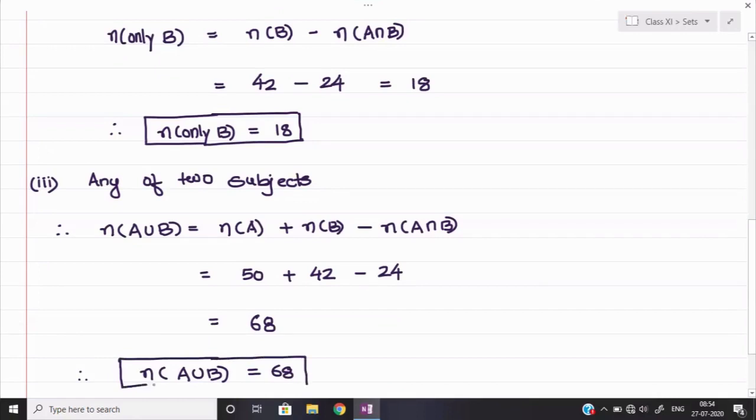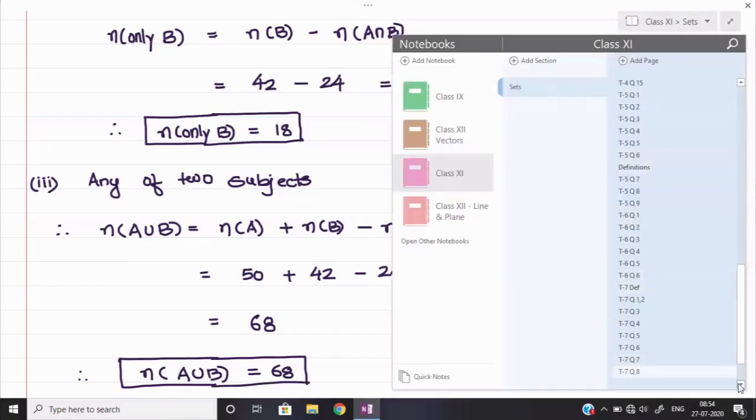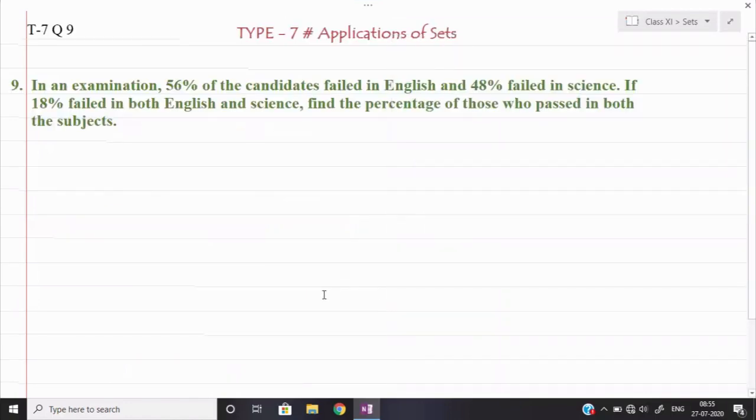Okay, let us see now question number 9. See, in the ninth question what is given is that in an examination 56% of the candidates failed in English, 48% failed in science.